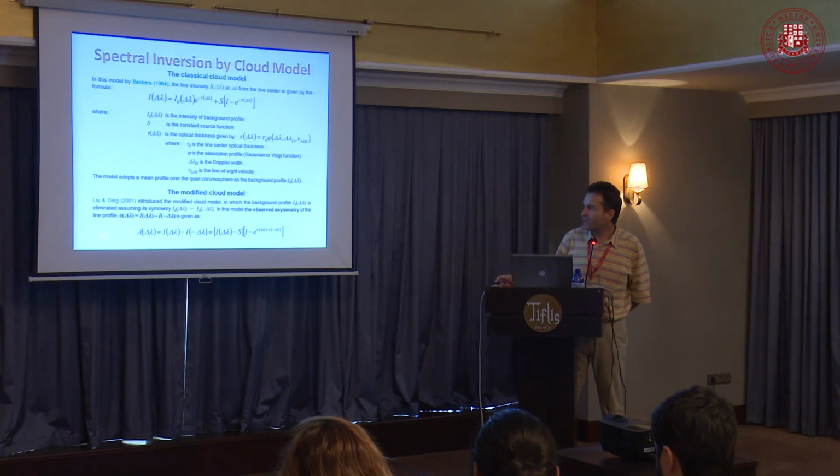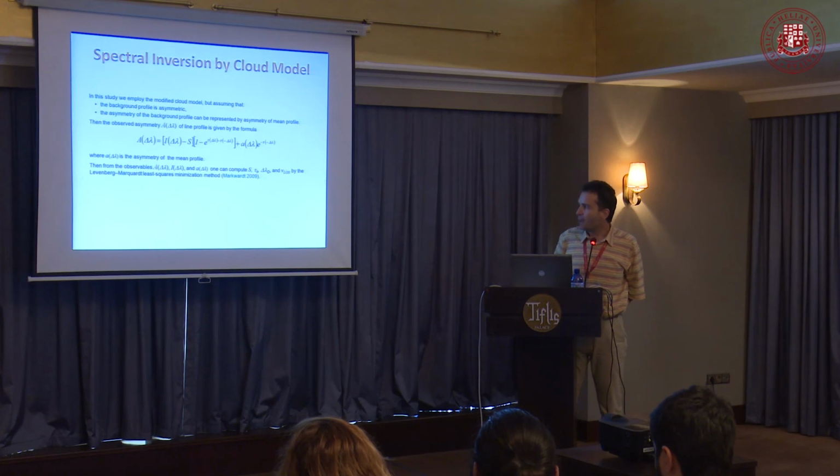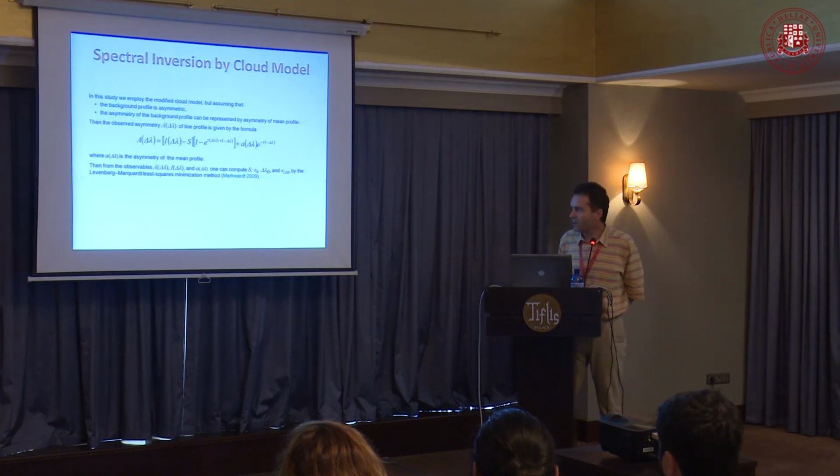On the left side is the observable, which is a simple difference of symmetric intensities on both sides of the profile, and it can be interpreted again with these 4 parameters. So just applying Levenberg-Marquardt minimization methods, which was triggered by comparing the observations with a pre-calculated database of guess parameters, we interpreted our SST observations in terms of these four quantities. Nevertheless, I have to point out one thing.